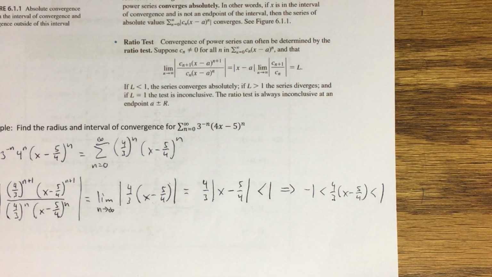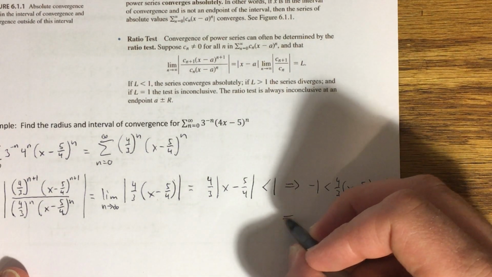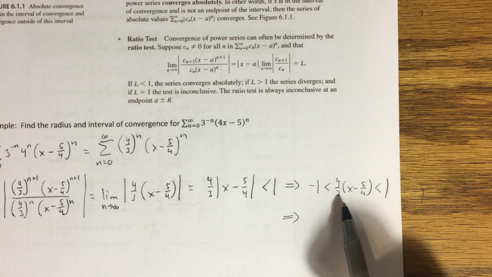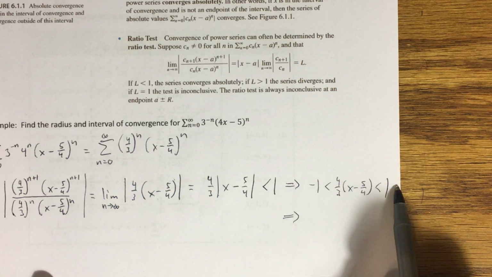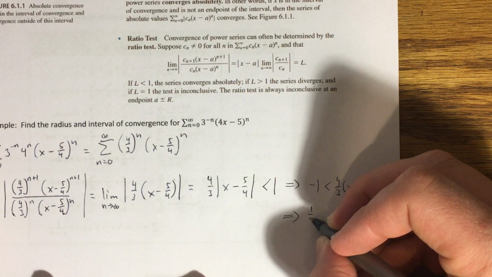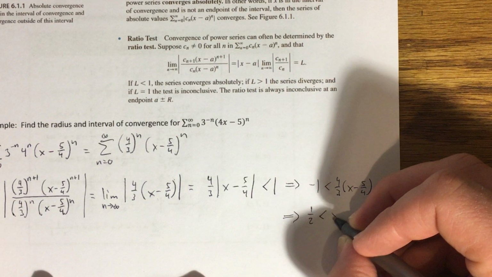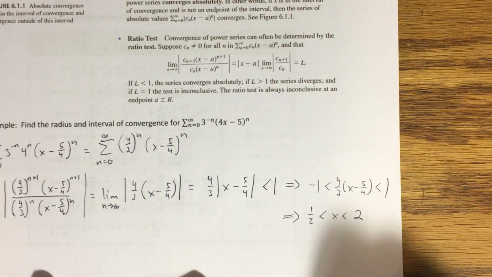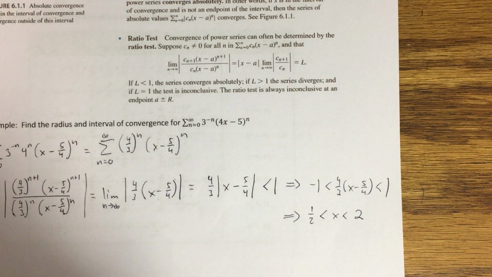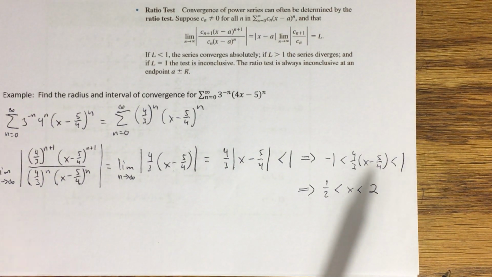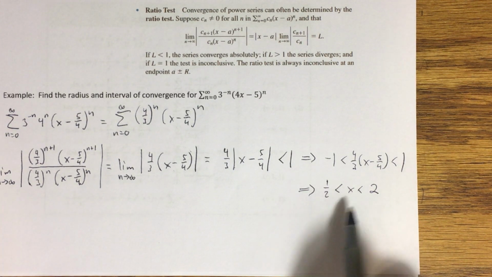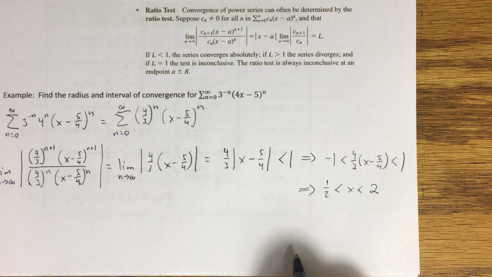Now, if I solve that, basically I would be multiplying all three of these by 3/4 to get rid of the 4/3 there, and then adding 5/4 to all sides, you will end up with this. And that determines my interval of convergence. I'll rewrite it in a different form in a little bit. But that would be my interval of convergence.